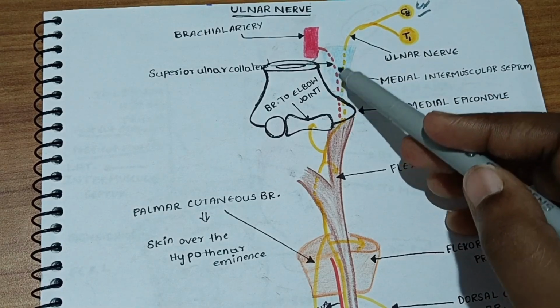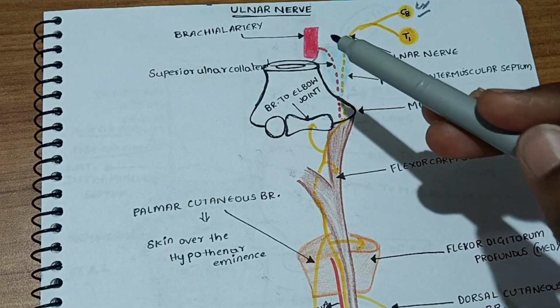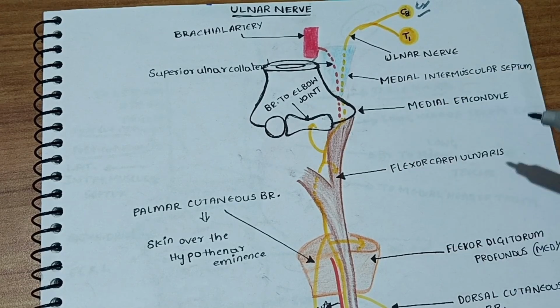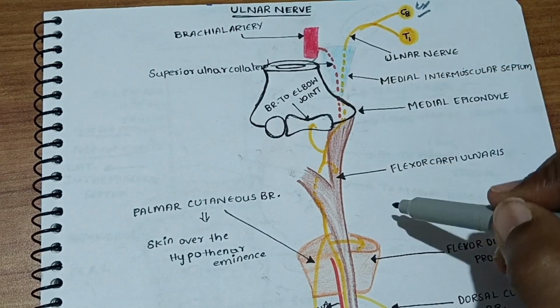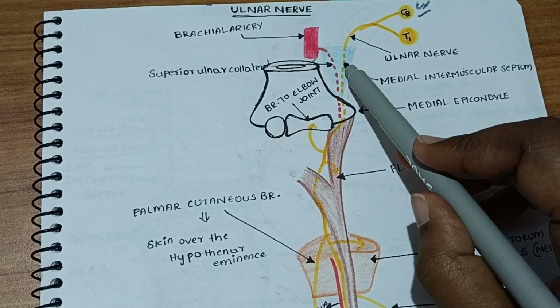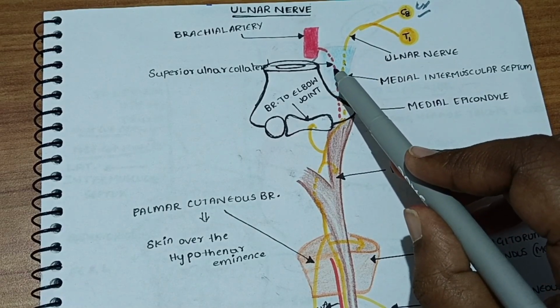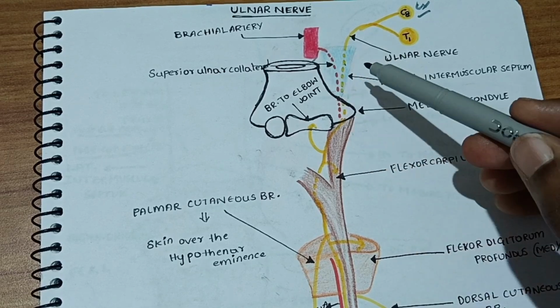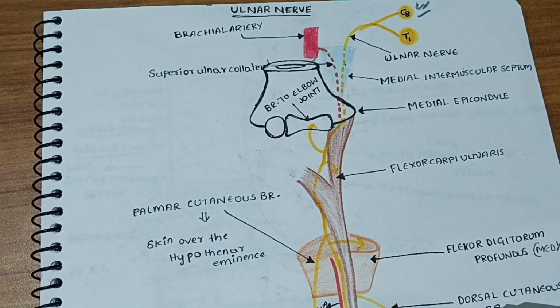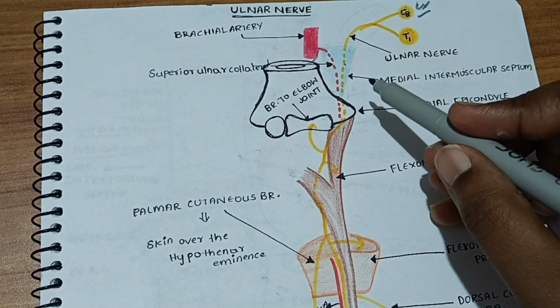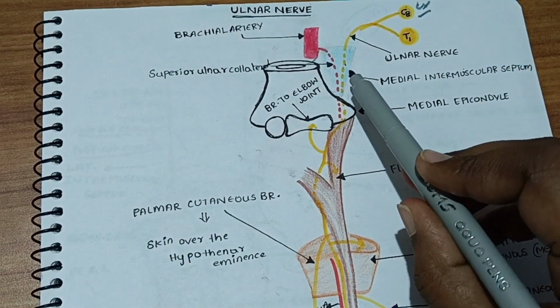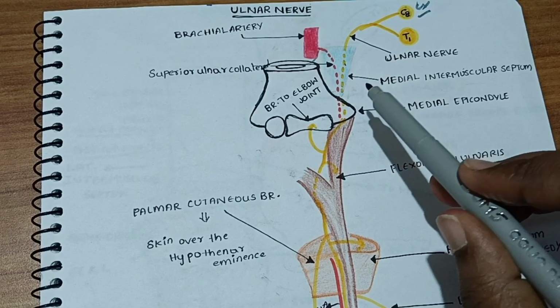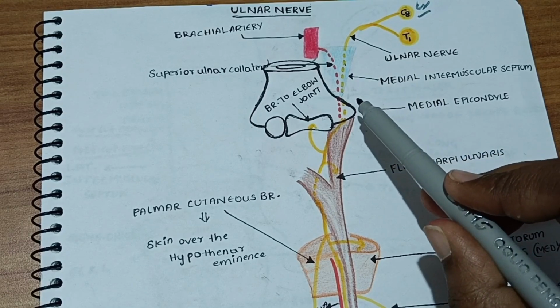These two together pass behind the medial epicondyle. In the arm region, the ulnar nerve lies medial to the superior ulnar collateral artery.